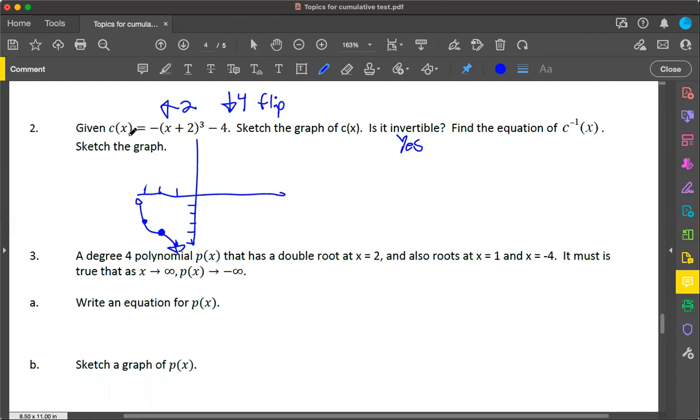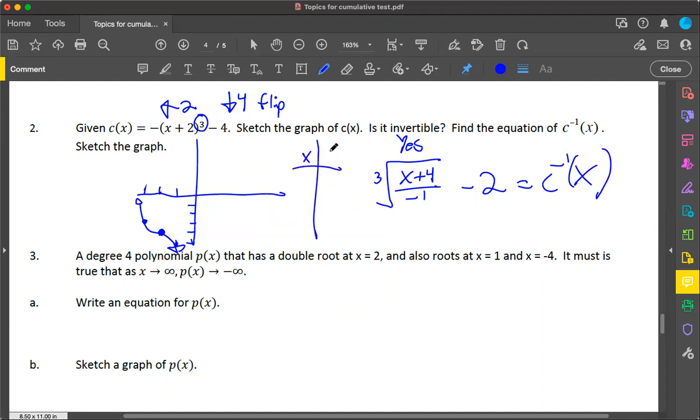If you do your damage on this, getting the inverse of it, you would add 4, divide by -1, take a cubic root, and then lose 2. This is C inverse of x. Some quick points on this so that I don't clog the feed, which is really this graph.